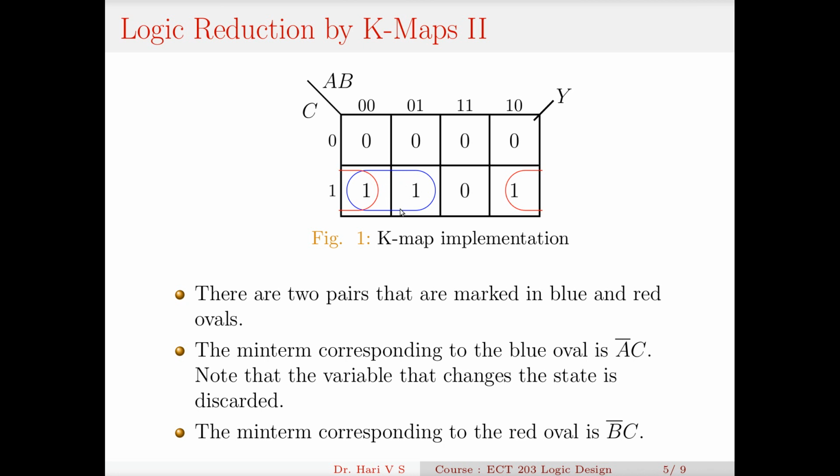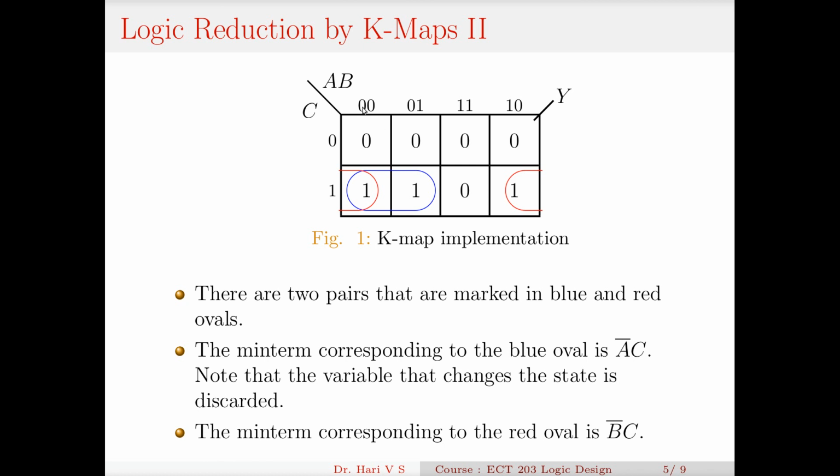Now let us focus on this blue oval and try to find the minterm corresponding to it. If you look here, this happens in one row, which corresponds to C, because here it is a 1. And if you come here, this spans over 2 columns, so I have to look for the variable that does not change.